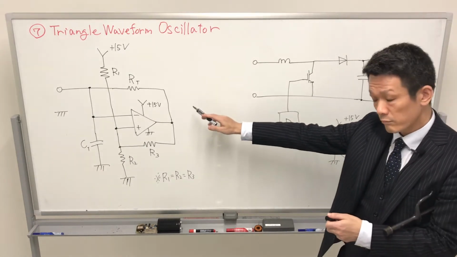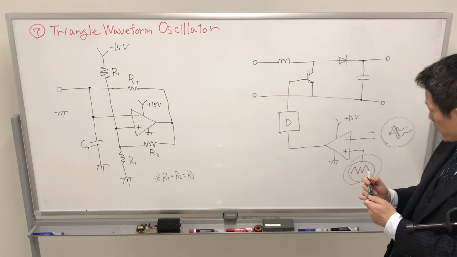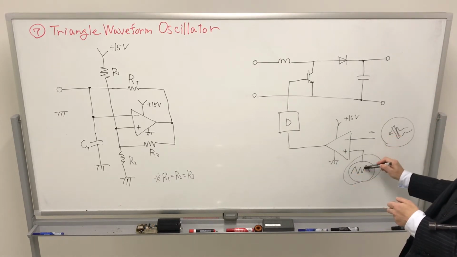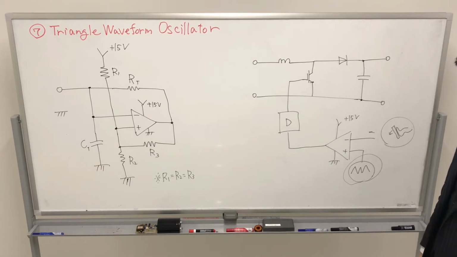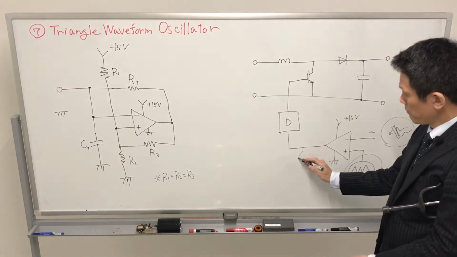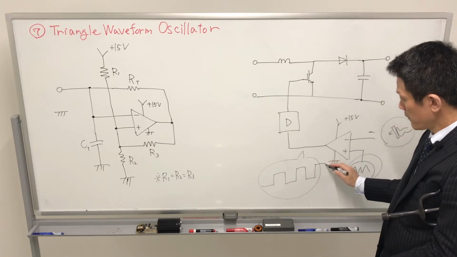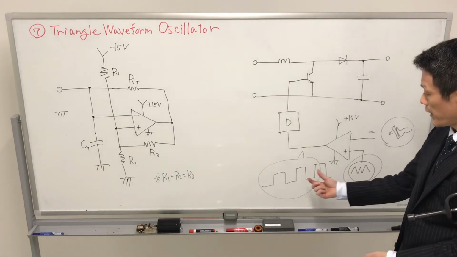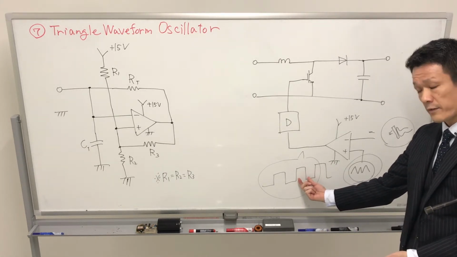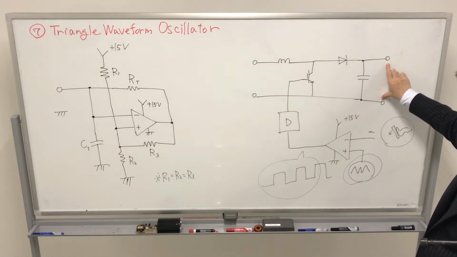This is the circuit. In comparison with each voltage waveform, the output of the comparator is like a pulse. So we call this a voltage pulse. By changing the voltage pulse width, we can control the output voltage.